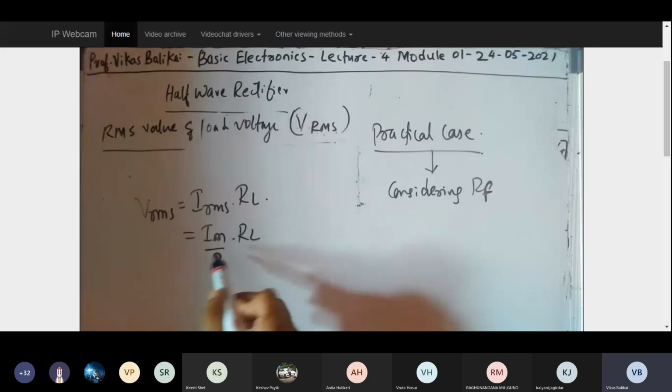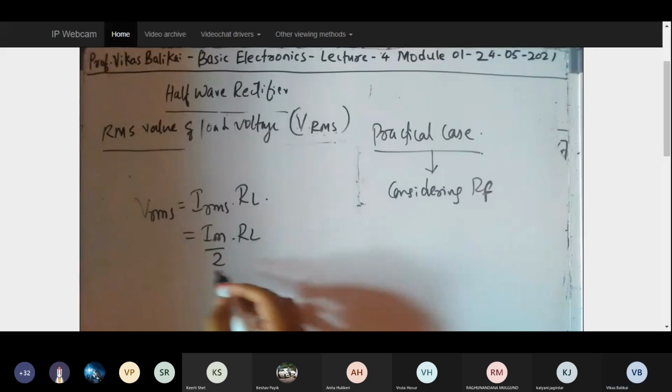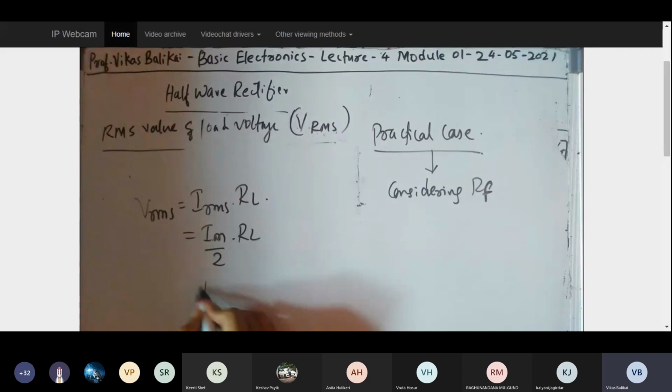Let's do that. So can I write Im? We know that Im equals Vm by RL. That is the current flowing through the load resistance producing the maximum voltage Vm. I can write this equation.